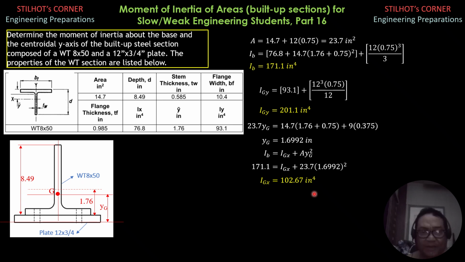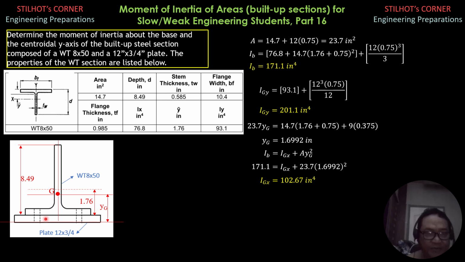Now, for your part, I want you to solve IGX in another way. This is the other way. You have to transfer, because we have located the centroid of the entire built-up section, and its distance is 1.6992. I want you to transfer the centroidal moment of inertia of the WT section to that centroidal location of the built-up section by the transfer formula.